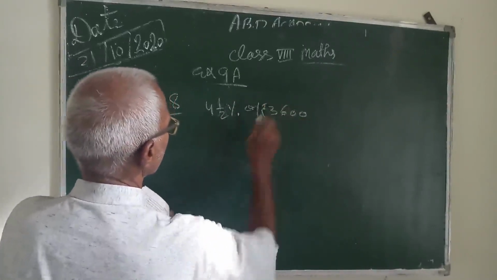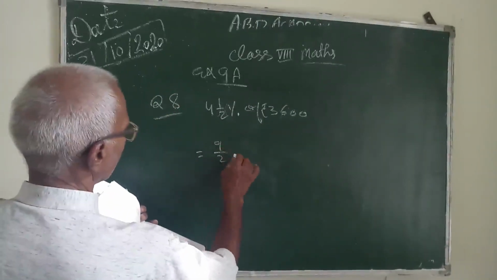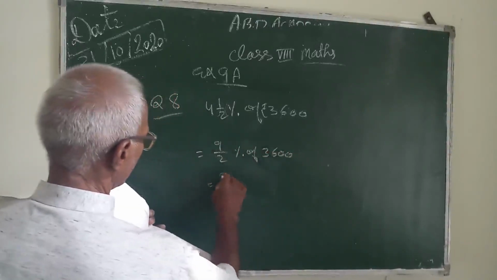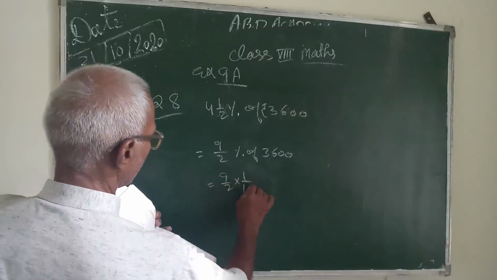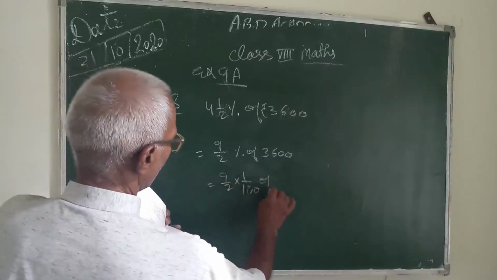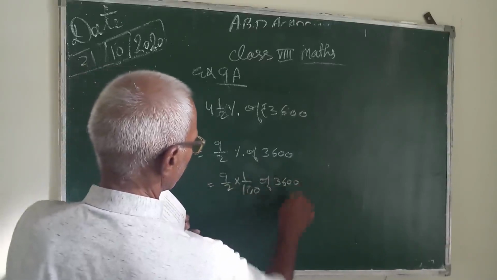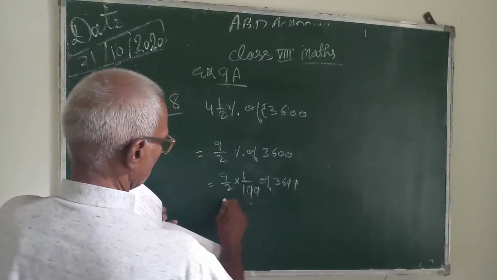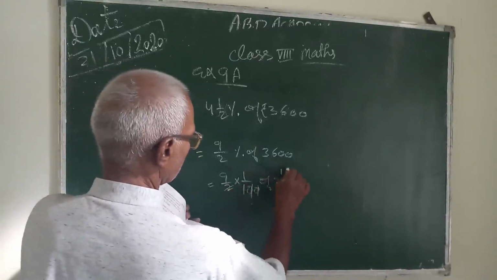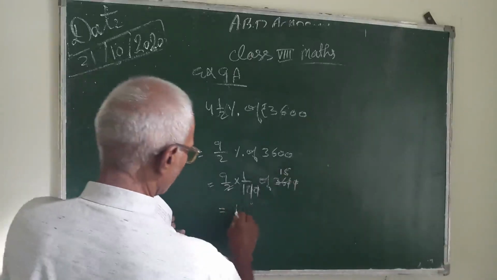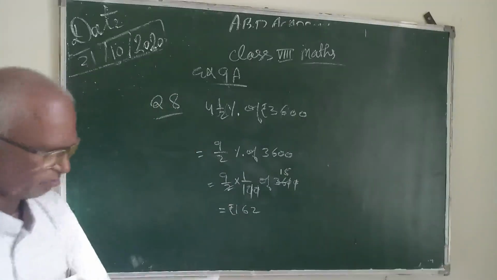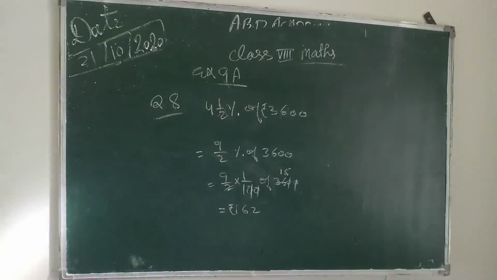It is 9 by 2% of 3600, which is equal to 9 by 2 into 1 upon 100, of 3600. Cancelling, it becomes 162 rupees. This is number 8. Likewise, we are proceeding.